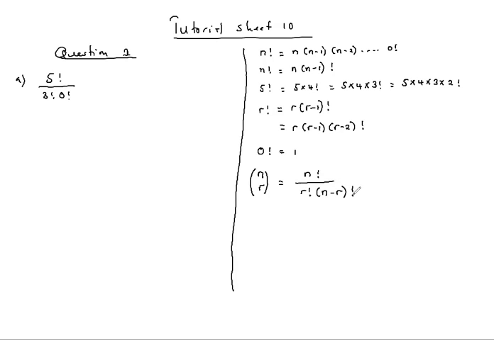So question A now is 5 factorial over 3 factorial, 0 factorial. Because you can reduce it in that form, we'll reduce the 5 factorial: 5, 4, 3, 2, 1, 0 factorial. 3 factorial, we can also reduce it: 3, 2, 1, 0 factorial.